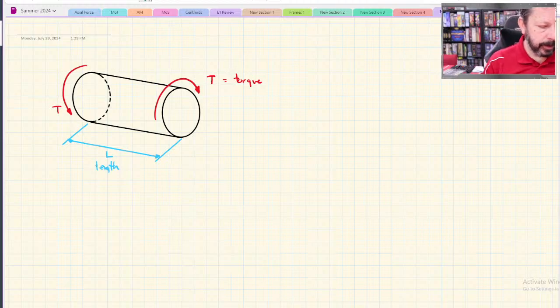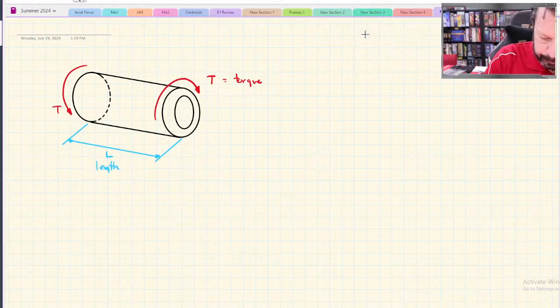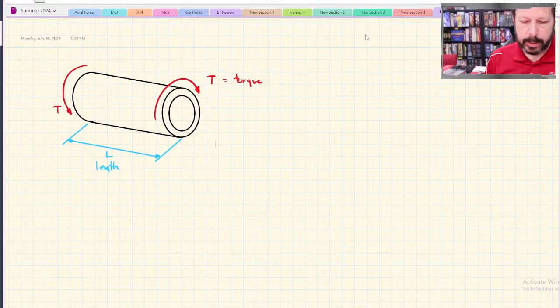Now I drew this one as a solid or maybe a really thin tube, but let's draw an inner diameter here, because it could be hollow. I'm not going to draw the hollow hidden lines. In fact, maybe I'll just erase these to make it not so confusing. So it could be that our shaft is a tube.